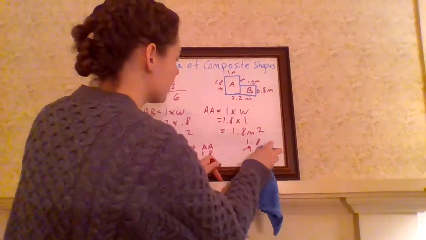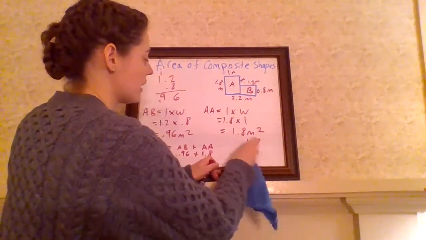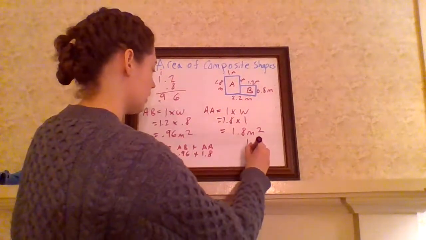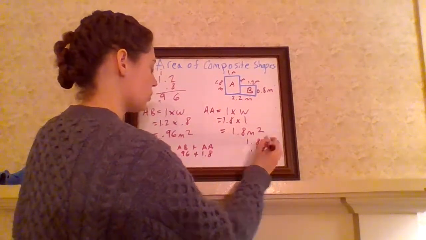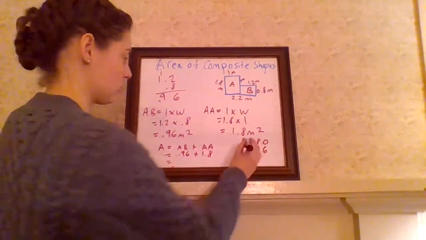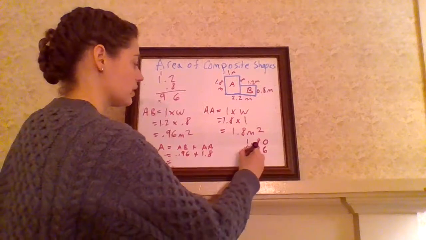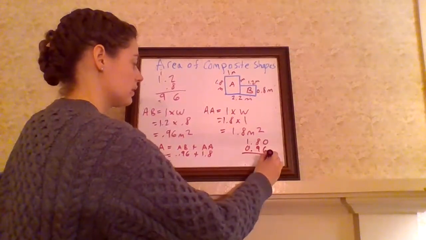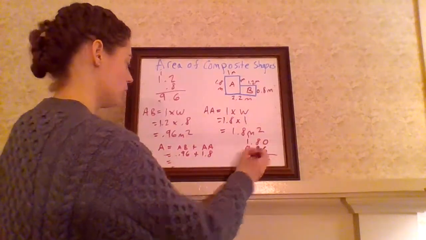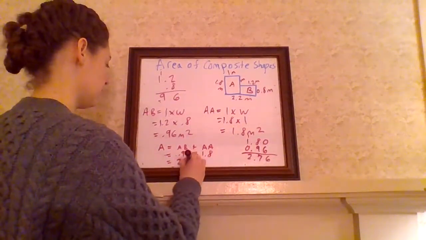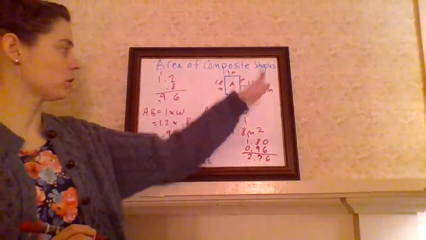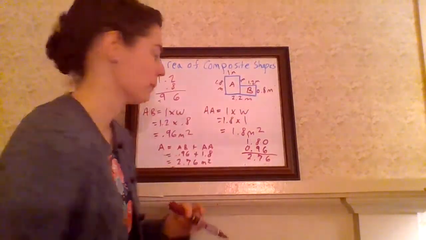So it looks tempting to line up the numbers based on how many digits we have, but we have to line up based on the decimals, so like this. So we're going to add these together. It might be nice to put a 0 here as a placeholder, and we could put a 0 here if we want to. So 6 plus 0, 6, 17, carry the 1, and 2. 2.76 meters squared is our area for this whole figure over here.